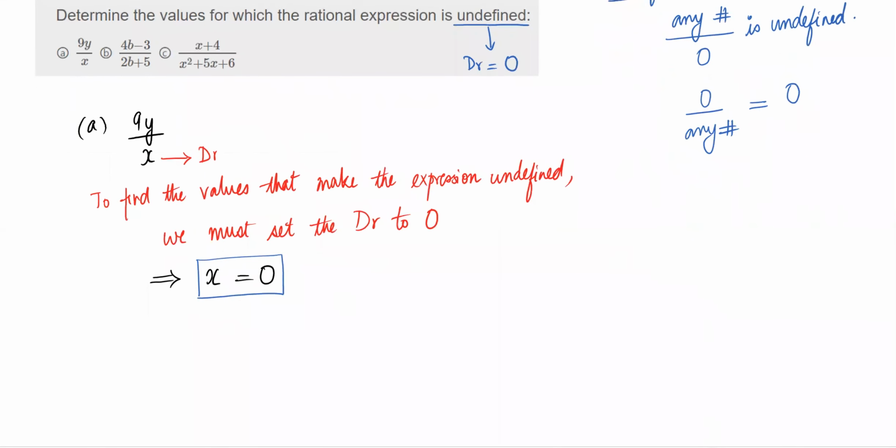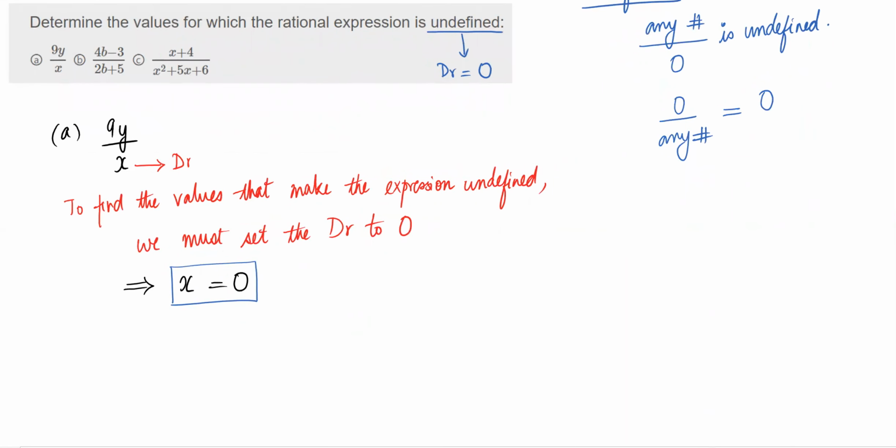When x takes the value 0, it's not a good thing. We're trying to see what the restrictions are, what I should avoid. So in question A, I should avoid 0 for x because that's going to make it undefined. Even though I say x equals 0, we don't want x to be 0, but we're identifying what will make it become undefined.